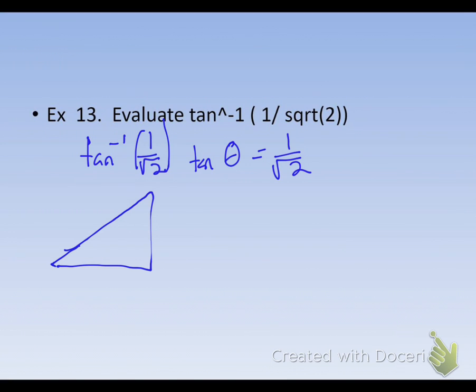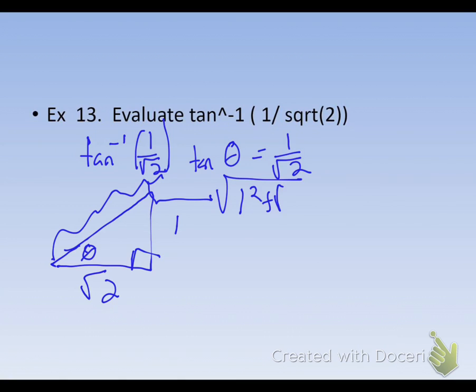It's not beautiful, but it is what it is. Tangent is opposite over adjacent, and I can solve for my hypotenuse using the Pythagorean theorem. Square root of 1 squared plus the square root of 2 squared, and we see that gives me the square root of 3. I didn't have to go this far. It just says to evaluate. I just did all of this for really nothing.